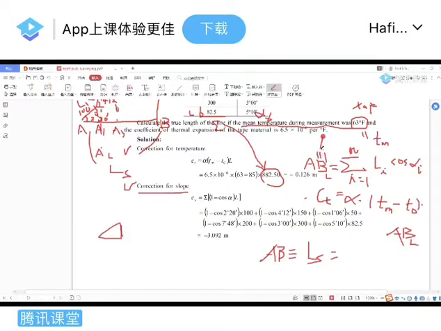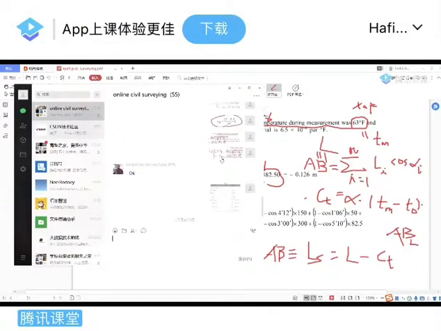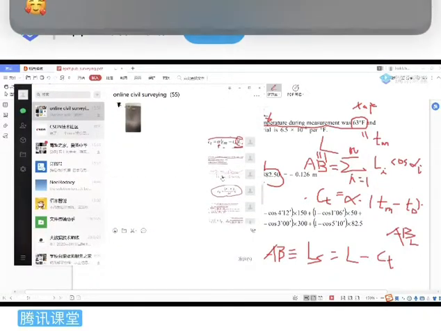Let's call it L. I just do the distance using L. So it becomes L, and then now minus your CT. Because previously we mentioned, let's take a look at this one. Over here, the temperature, I think it's this one.